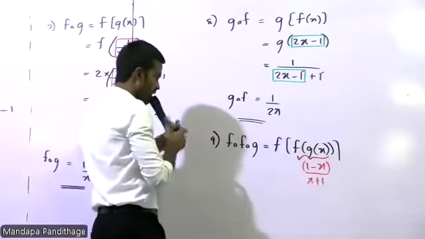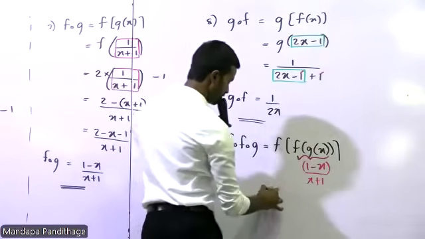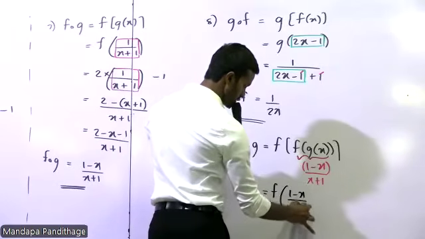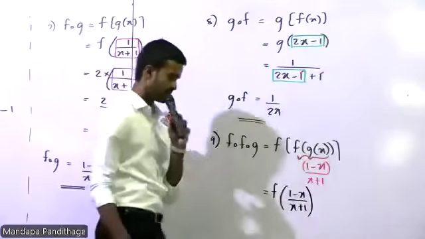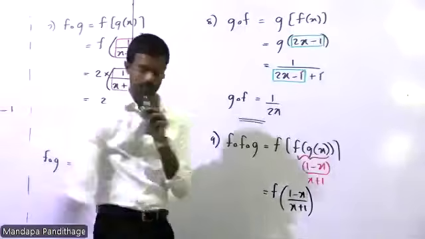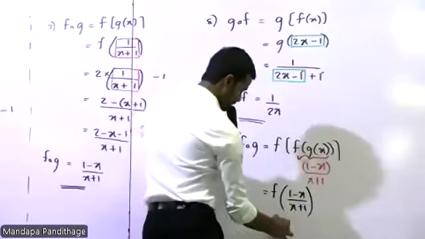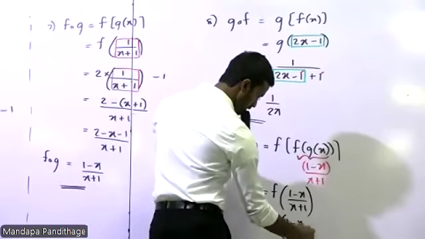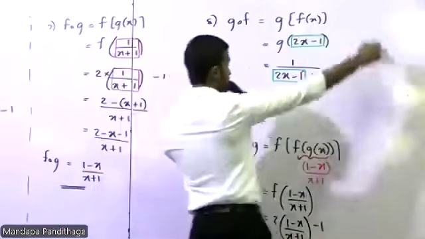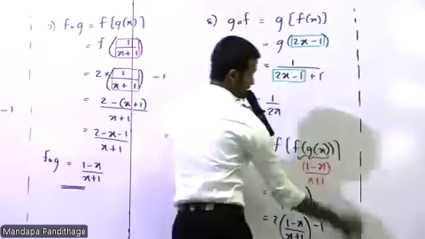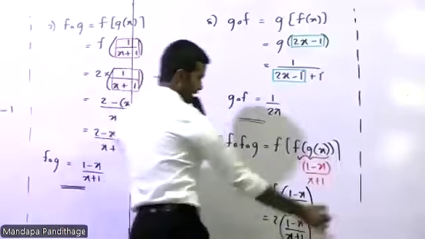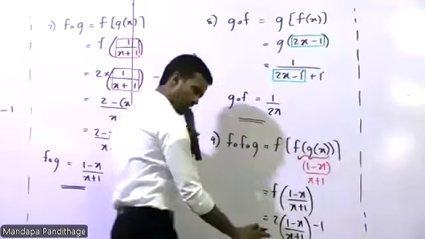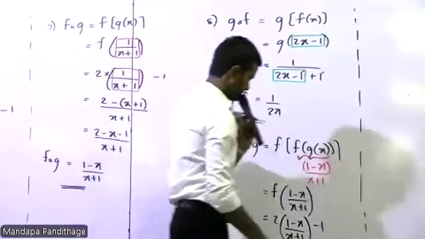Okay, so then what do you have inside f? You have 1 minus x over x plus 1. Clear? Okay, then whatever is inside fx, it multiplies by 2 and 1 is subtracted. So it's okay to keep it in this way, but you can simplify.